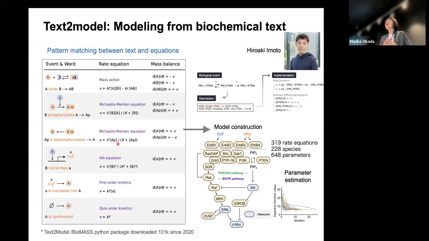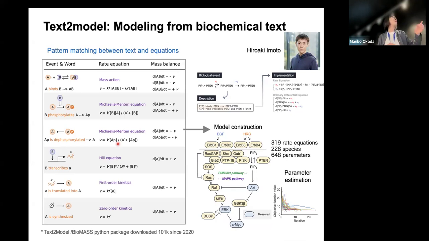And also after that, I found that the biological description of the reaction is very noisy. Not many people write like A binds to B. In literature, people prefer literature-style writing. It's not like student writing.